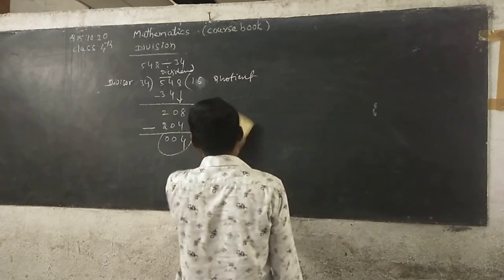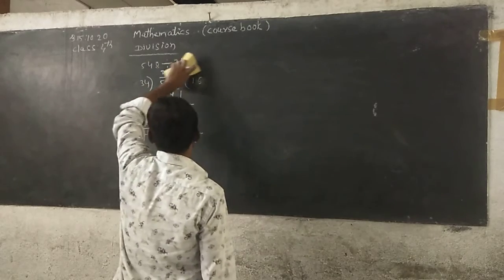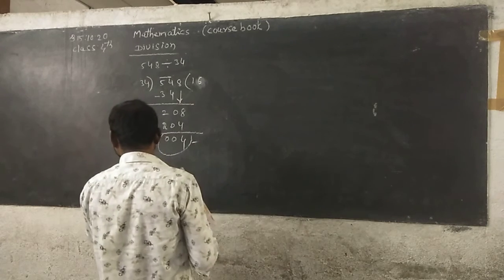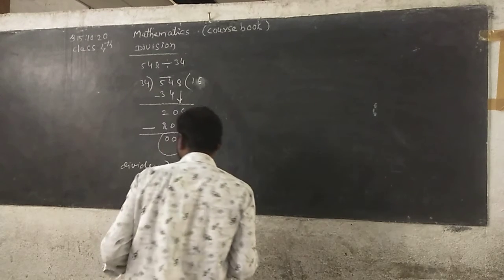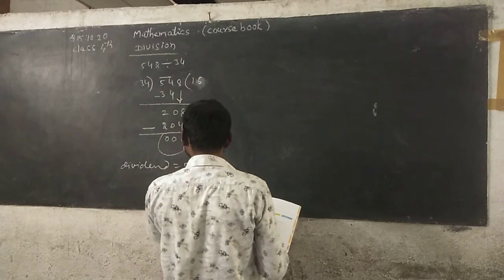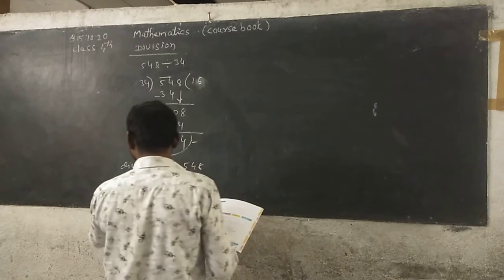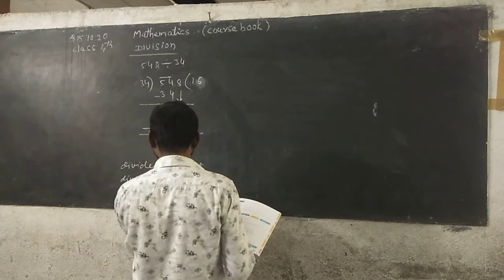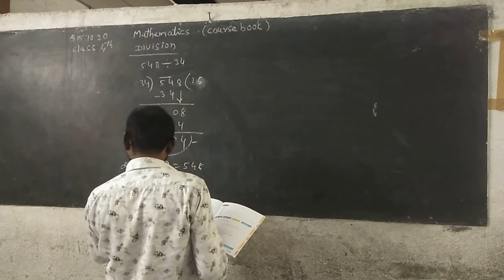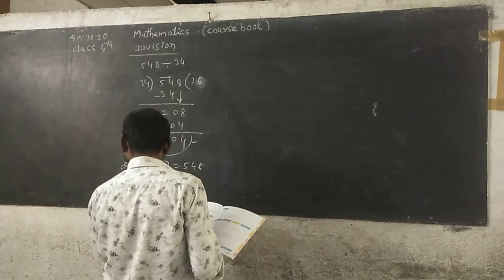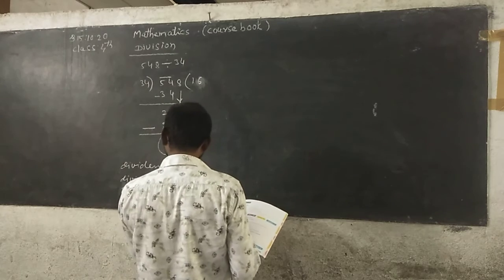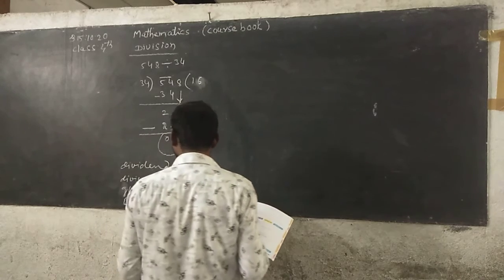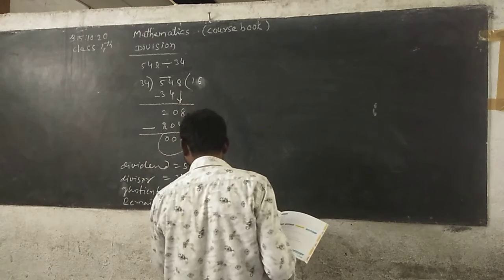Now here, dividend is equal to 548, divisor is equal to 34, quotient is equal to 16, remainder is equal to 004, means 4.